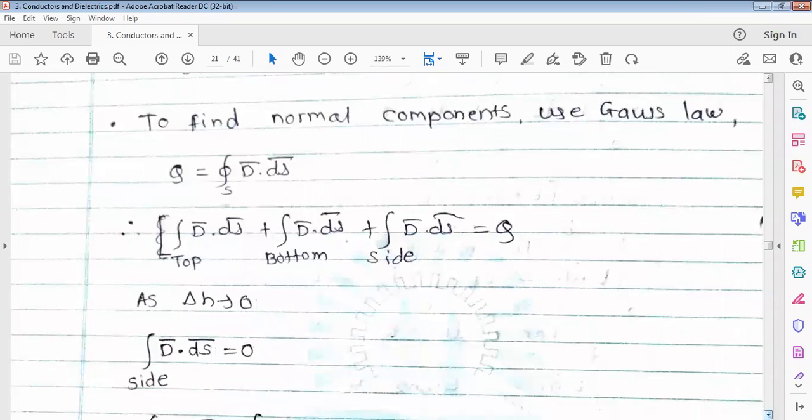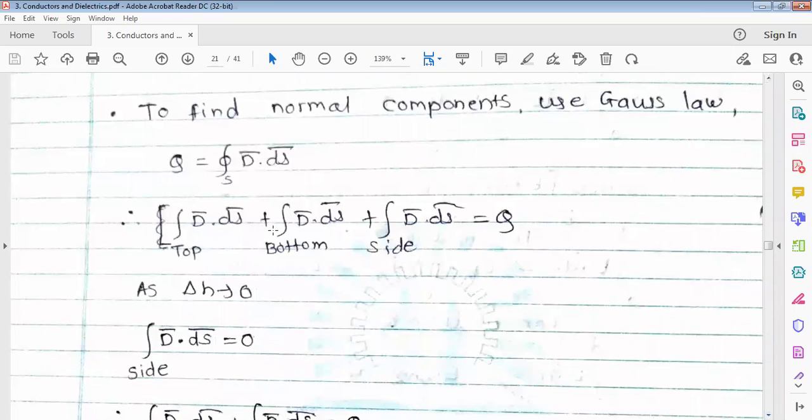Now today we'll find the normal components, by using the Gauss law. As we are considering one cylinder that is placed on the boundary, for that purpose we are finding the electric flux density components.